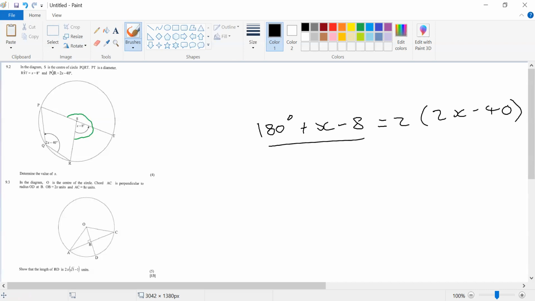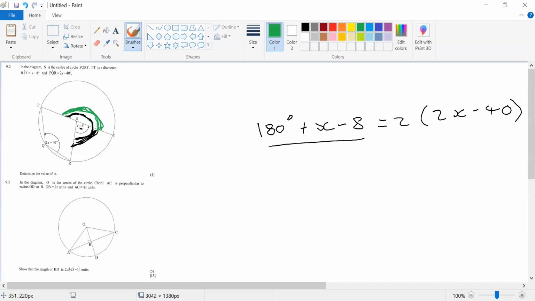Sorry, why do we have 180 plus? All right, so we needed to determine what this whole angle out here was. So we know that this portion is given to us as x minus 8. But what we needed to also figure out was what this portion is equal to.